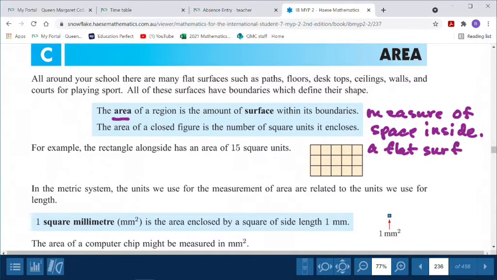Remember that there are different measures depending on the type of object or the type of space you're looking at. And we always want to remember that we include units in everything we do. The units for area are always measured in what are called square units.